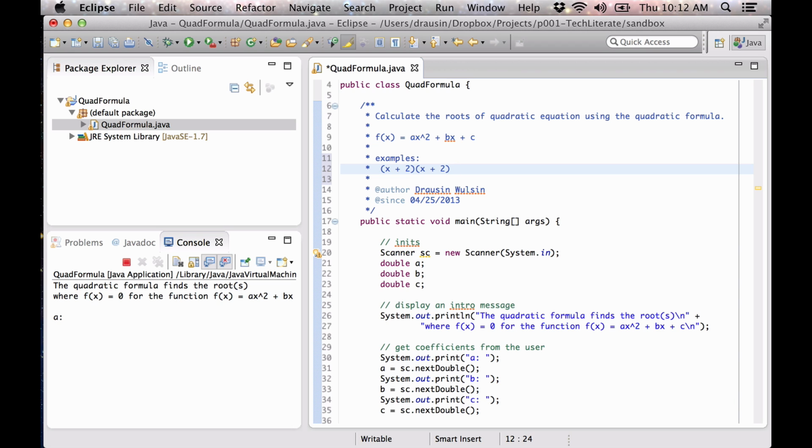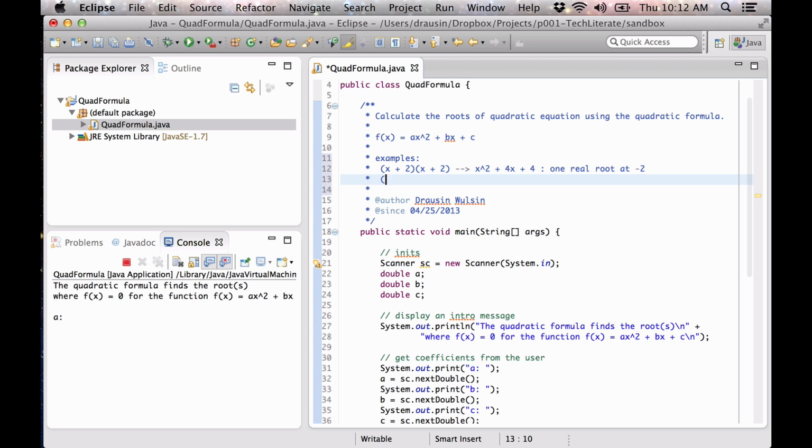So x plus 2, x plus 2. This implies that the expanded form looks like this. Actually, that. Right, which implies we have 1 real root at -2. Okay, so let's do another one, maybe x minus 2, x plus 3.